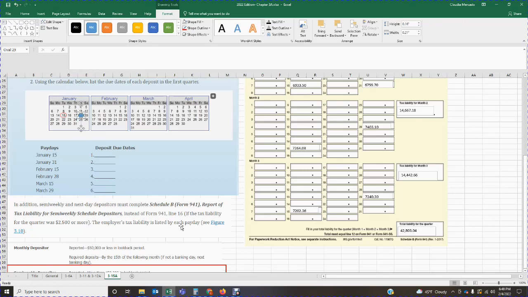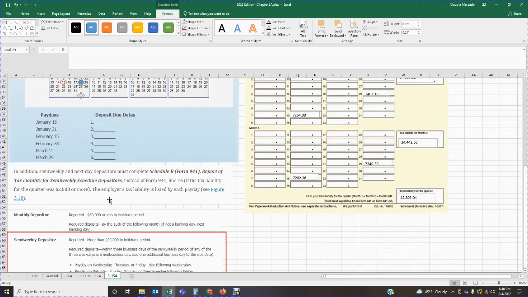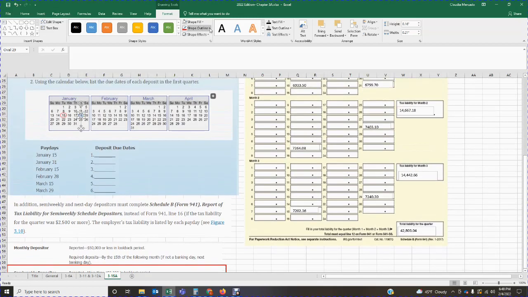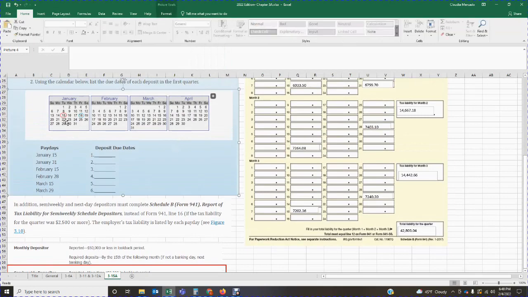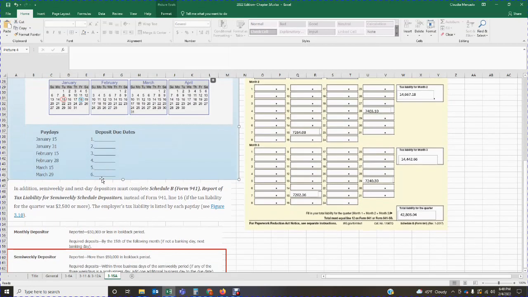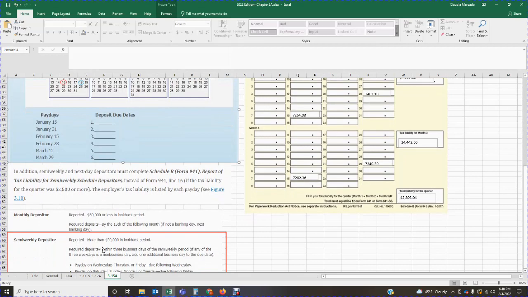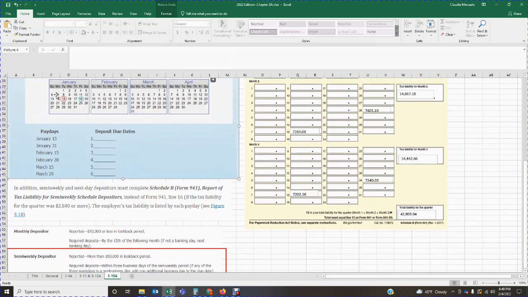The following Friday. It says within 3 business days. So it's 1, 2, 3. Yes, it has to be the 18th. Sorry about that. Let me just make it another color. There we go. Okay. So the payday is the 15th. It says here that the required deposit is within 3 business days, so it has to be by the 18th.